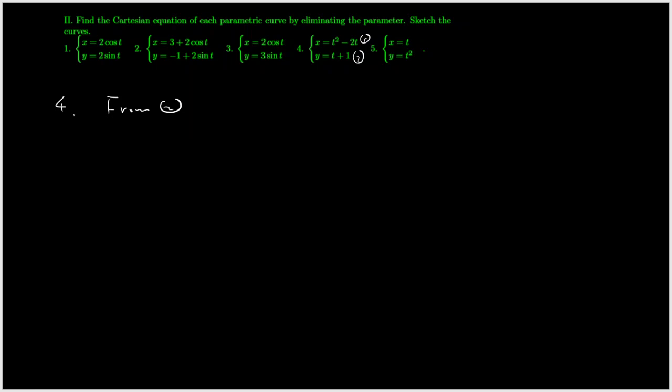We just eliminate t so that we can get a relation between x and y. The sketch is not part of the question, but my intention is to show you the graph of many parametric curves.